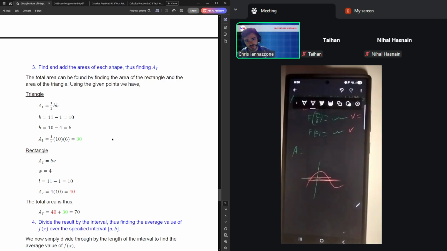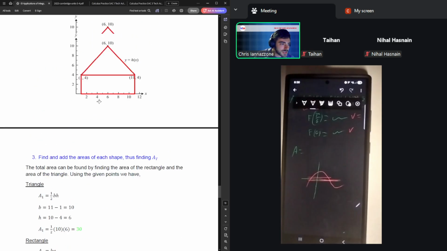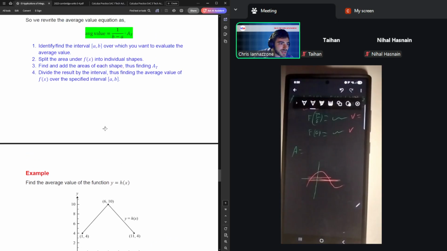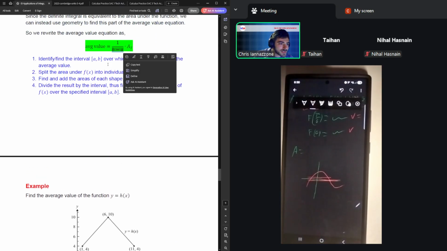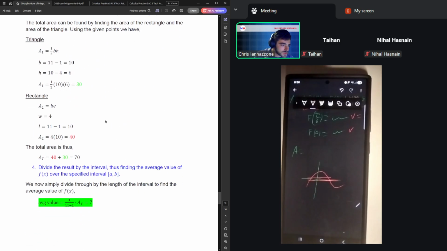Instead of having to find the equation of the lines, top take bottom, and then simplify things later, you can just find the definite integral by doing your shapes and adding them up, and then finally dividing by the length of the interval afterwards, which in this case spans from 1 to 11. So you get your area of 70, divide that by 10.